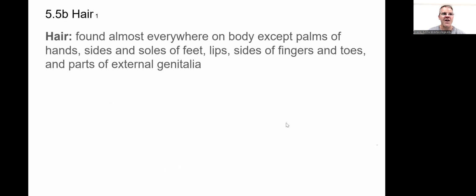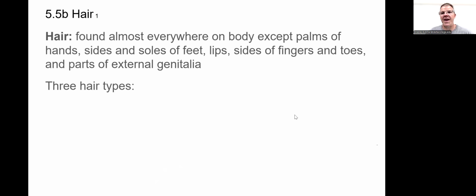So let's talk about hair. Hair is found almost everywhere on the body except on the palms of our hands or the soles of our feet, the palmar region and the plantar region, if we're practicing our regional terms. And it extends to parts of the external genitalia.